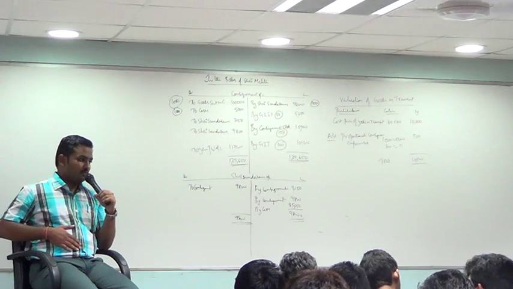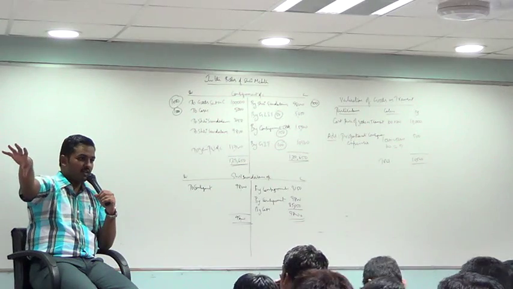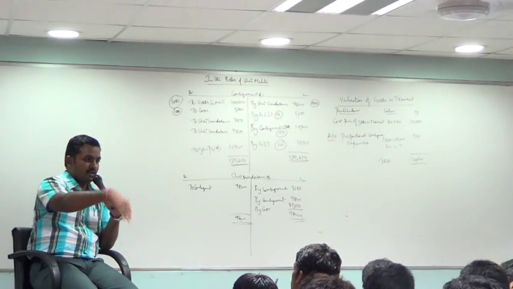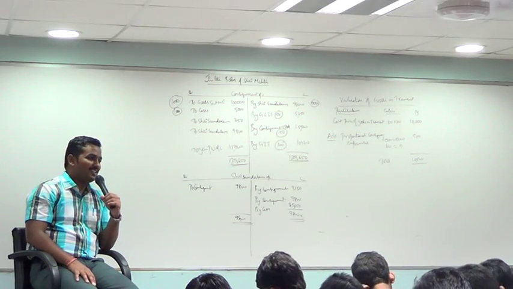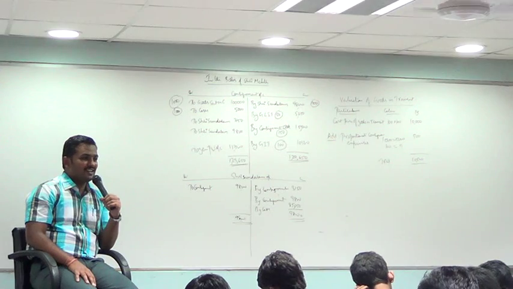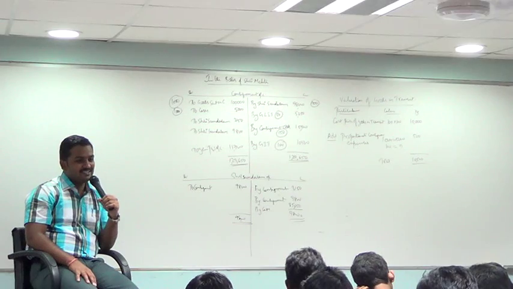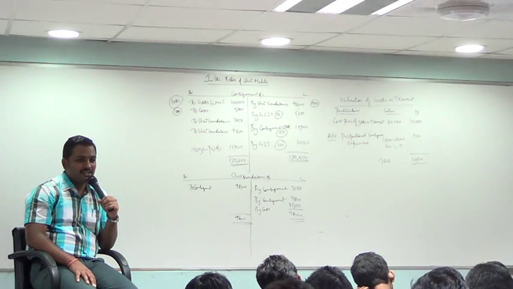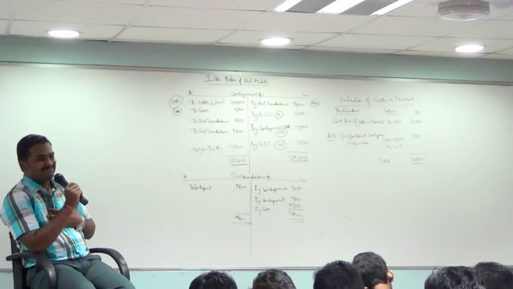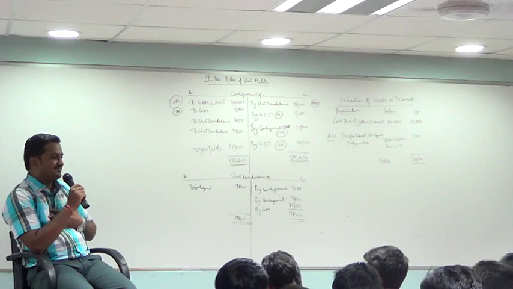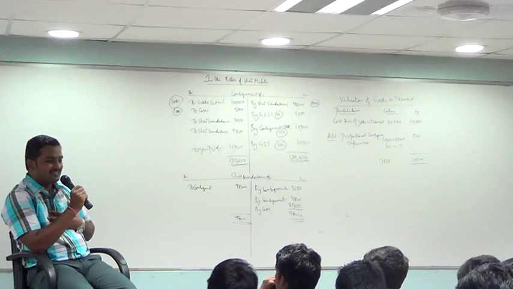Okay. So how to write entries when del credere commission is not allowed? How to write entries when del credere commission is allowed? You understood, no? Next. When commission is made due, or when commission is earned by the consignee, now it is my income. Nominal account, credit all incomes and gains.